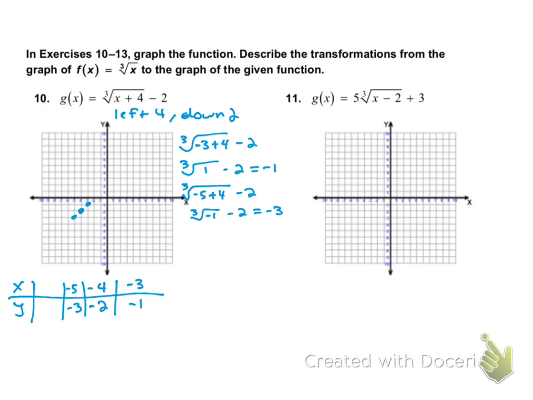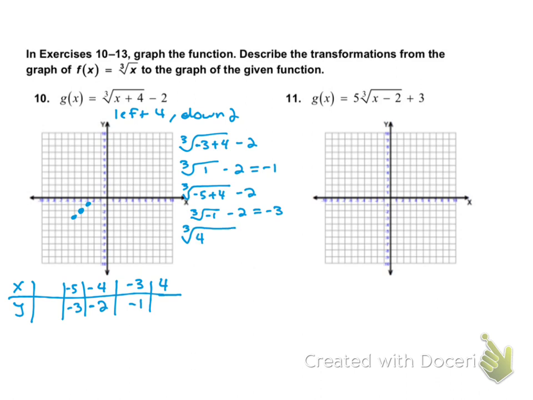Okay, so again, from here, the domain is all real numbers, so you can pick any x value. I am going to pick 4 because that's going to give me a perfect cube root.